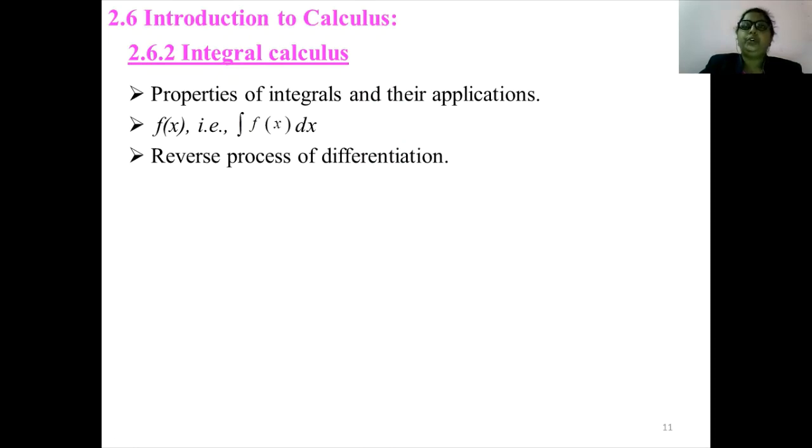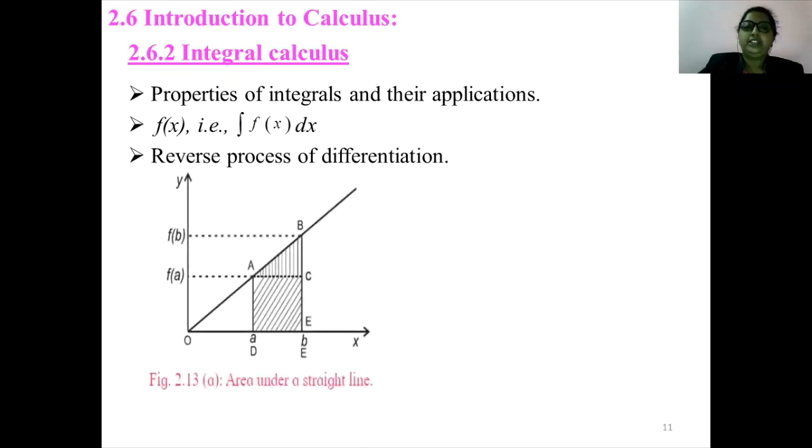We know how to find the area of a rectangle, triangle, etc. Let us see in this graph. We have shown y, which is a function of x, and a and b are two points on it.